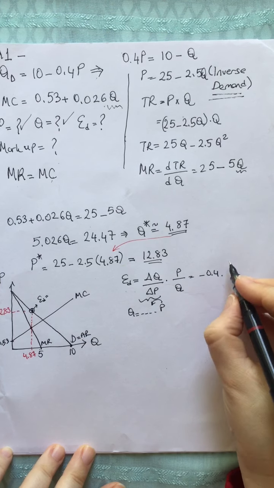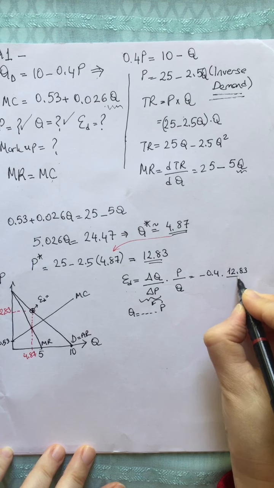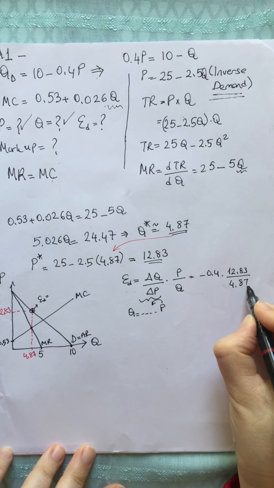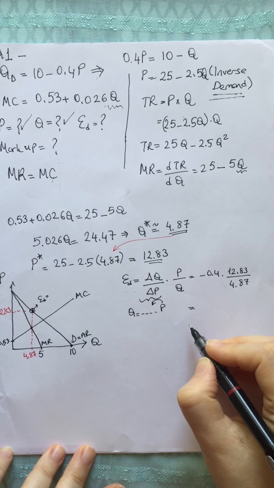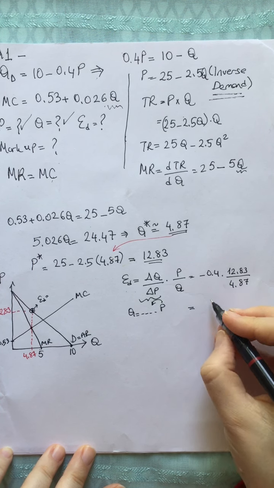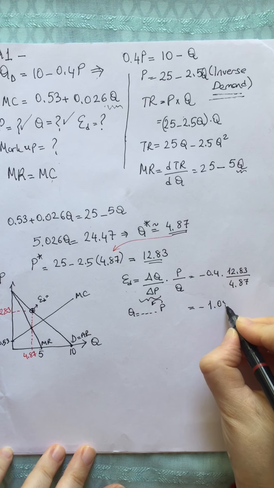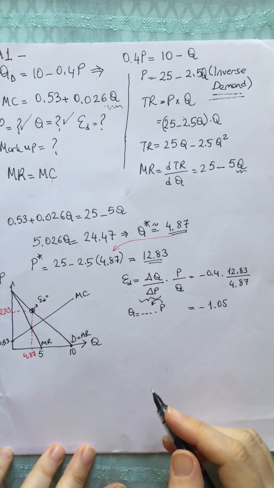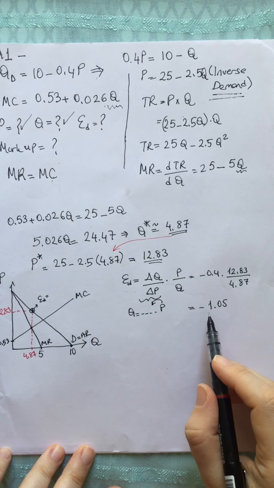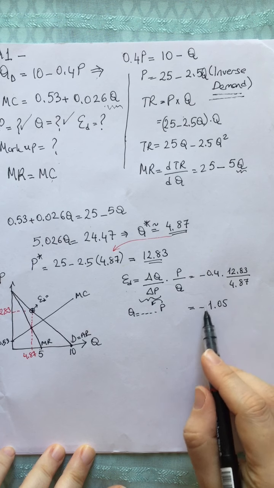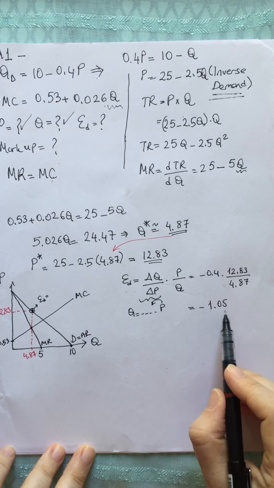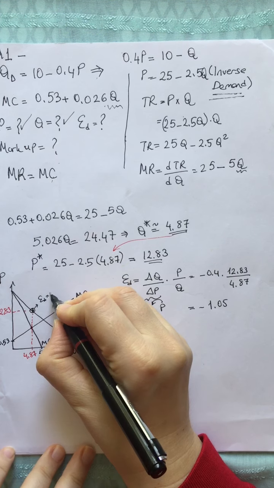P is the equilibrium price, 12.83, and Q is the equilibrium quantity, 4.87. So the elasticity of demand in that case is approximately minus 1.05. We said that the monopoly always works at the upper part of the demand function where elasticity of demand is in absolute numbers greater than 1. So our firm is working very near to the middle point because it is just slightly greater than 1.